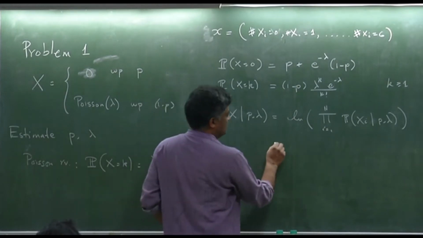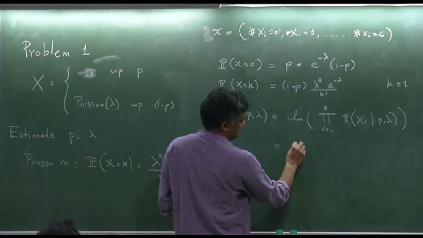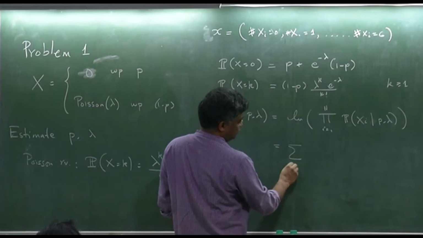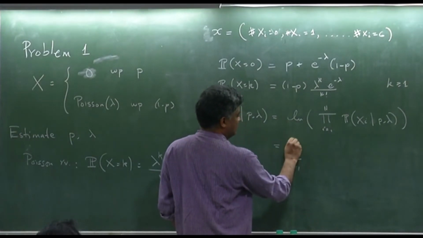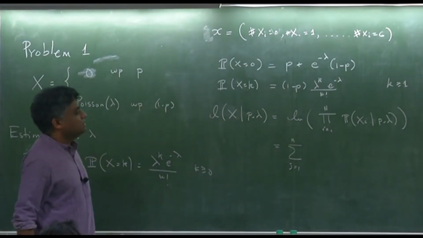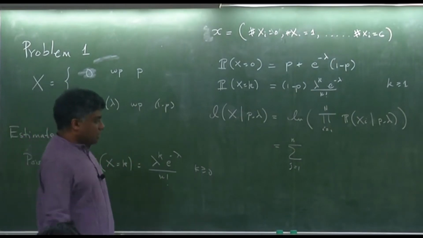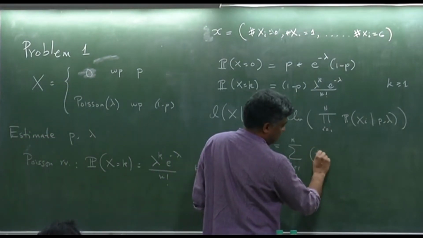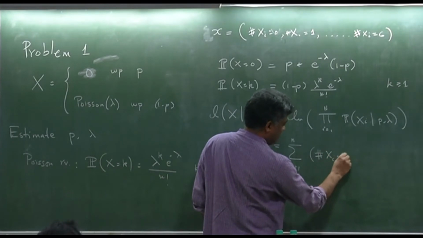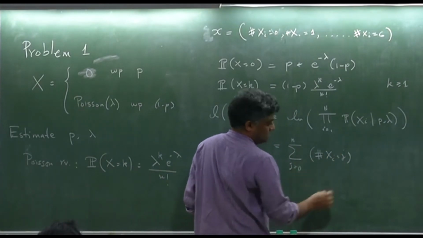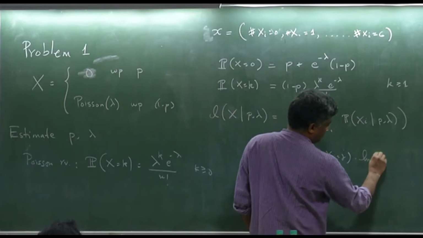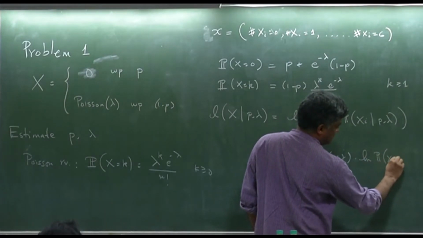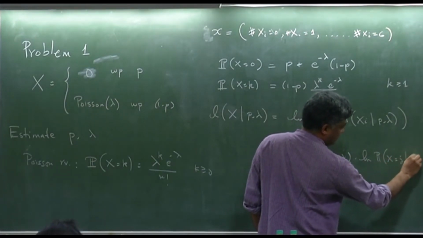So you will end up writing the summation of j going from 0 through some number n, which is the largest number that I saw, of the number of xi's equal to j times the log of the probability that x is equal to j given p and lambda.